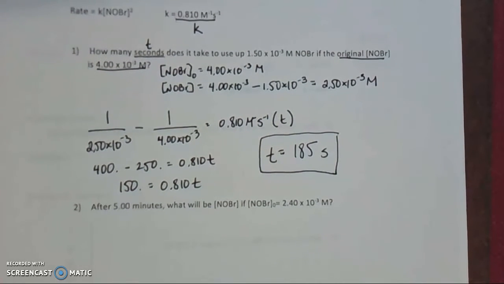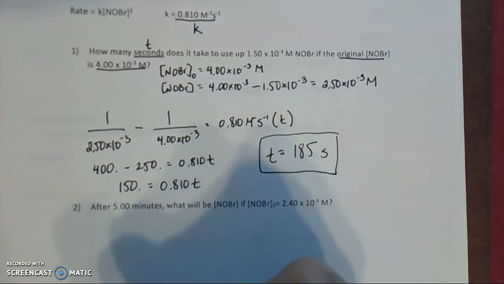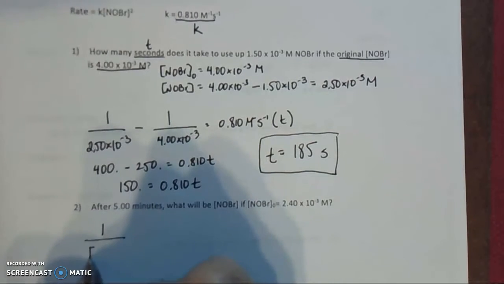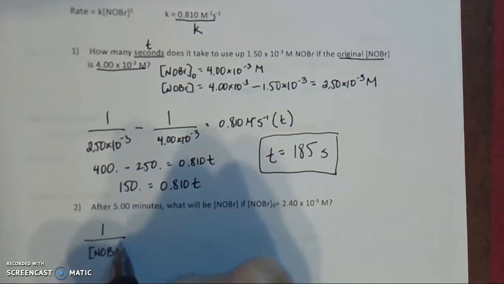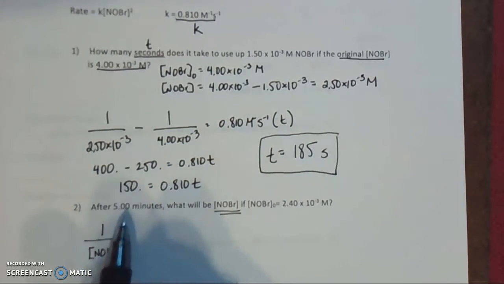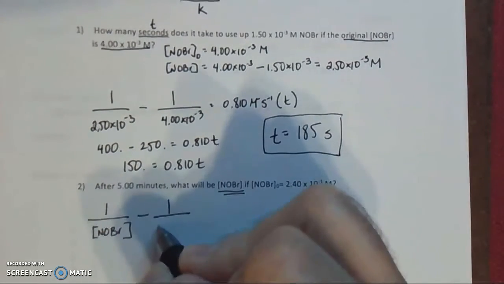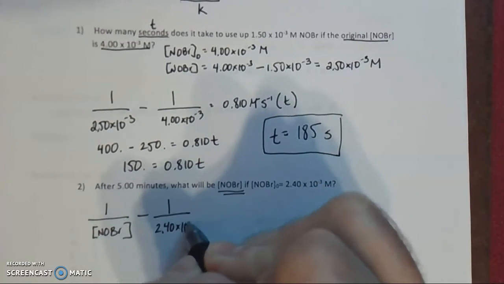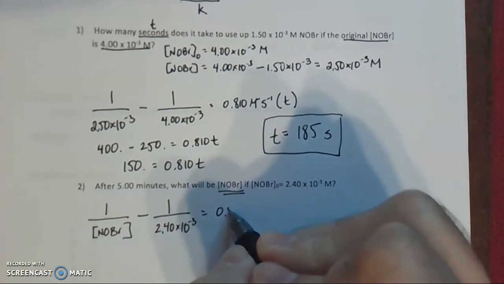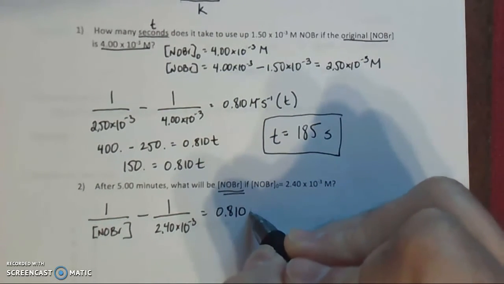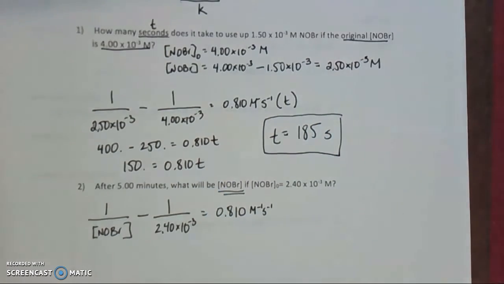If we look at number 2, after 5.00 minutes, what would be our concentration of NOBr if the original is 2.40 times 10 to the minus third molar? So 1 over our concentration of NOBr, because that's what we're looking for after 5 minutes, minus 1 over our original concentration, 2.40 times 10 to the minus third, is equal to k times t.